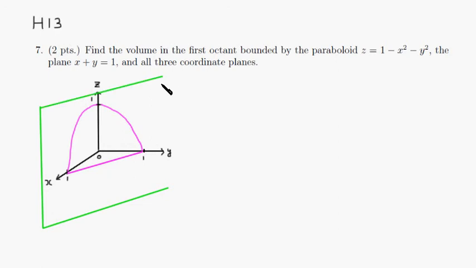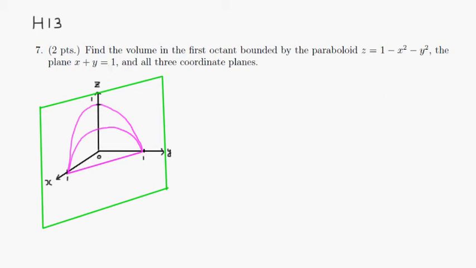I'm just drawing the plane like this. Then the paraboloid is cut, and I think the cross section is somewhat like this. So like a bullet shape, it's cut by the xz plane, yz plane, and xy plane, and also the plane x plus y equals 1.